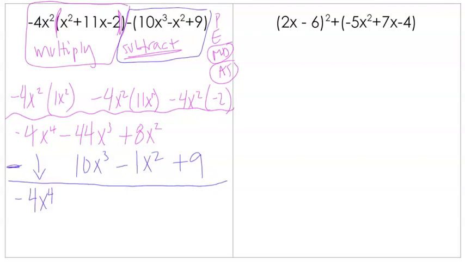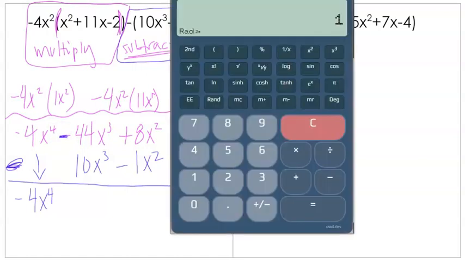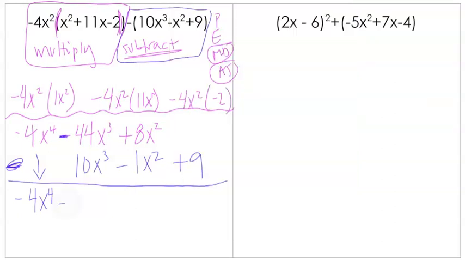But I do have a value that lines up with my x cubed, which is 10x cubed, so I'm going to do negative 44 minus, we're subtracting, minus 10. Negative 44 minus 10, again, if you're not sure, take out your calculator. Negative 44 minus 10, we get negative 54x to that third power.